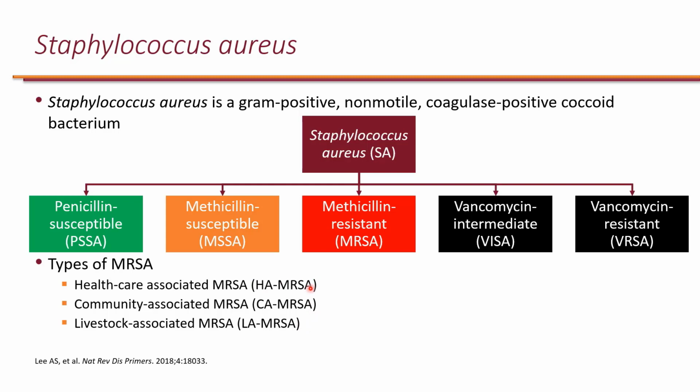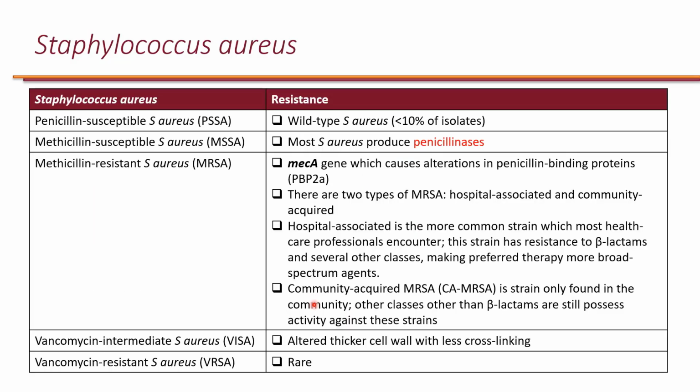But clinically we basically break these down into healthcare associated MRSA or community associated MRSA. And healthcare associated is the more common strain which most healthcare professionals encounter, and this strain is resistant to beta-lactams with the exception of ceftaroline and several other classes, making preferred therapy more broad spectrum agents.